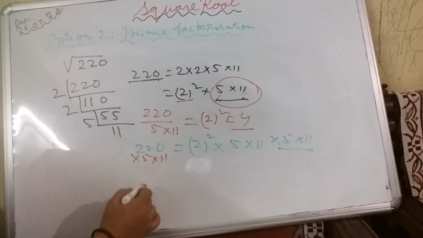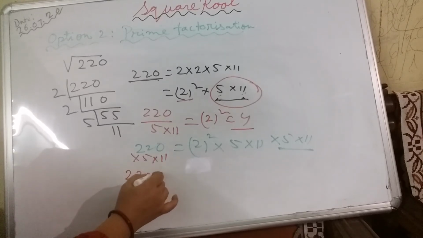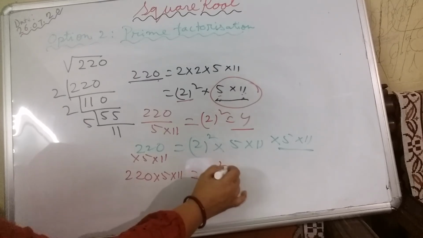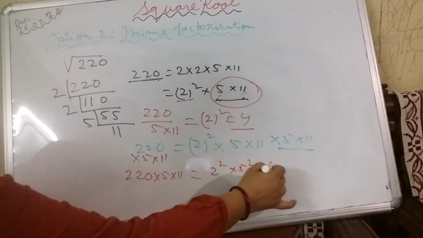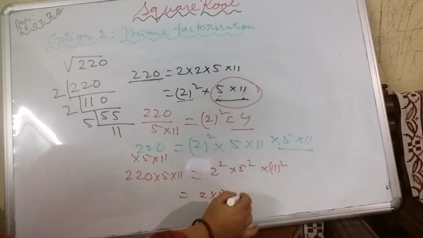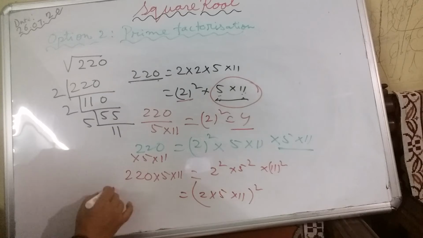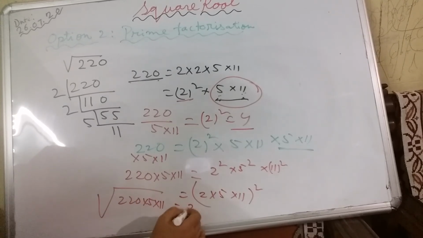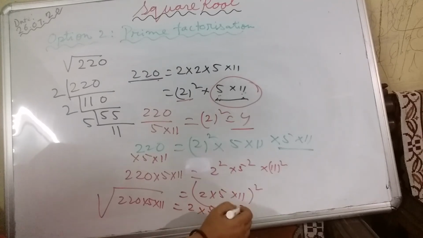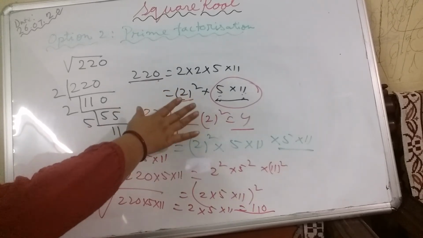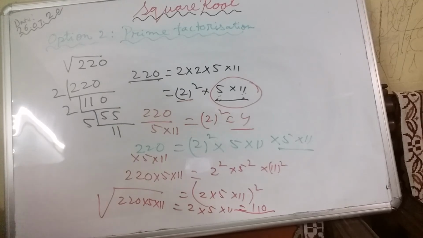Then it will become 2 square, 5 square, 11 square. So it will become 2 into 5 into 11. So the square root of this becomes 2 into 5 into 11, that is 110. So both ways you can do it, you can multiply or you can divide.